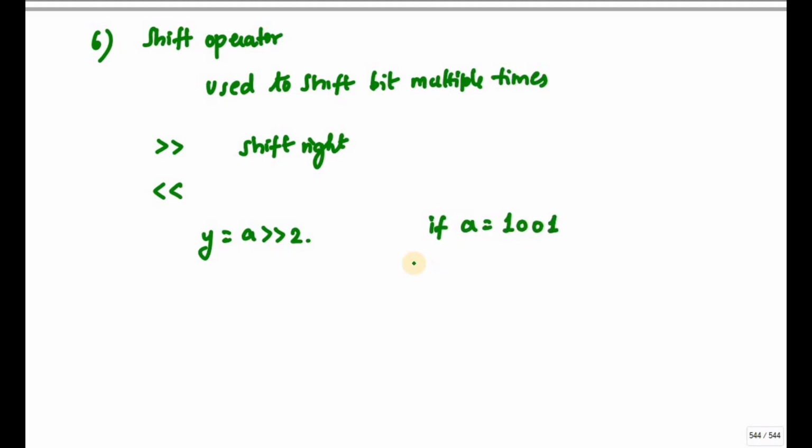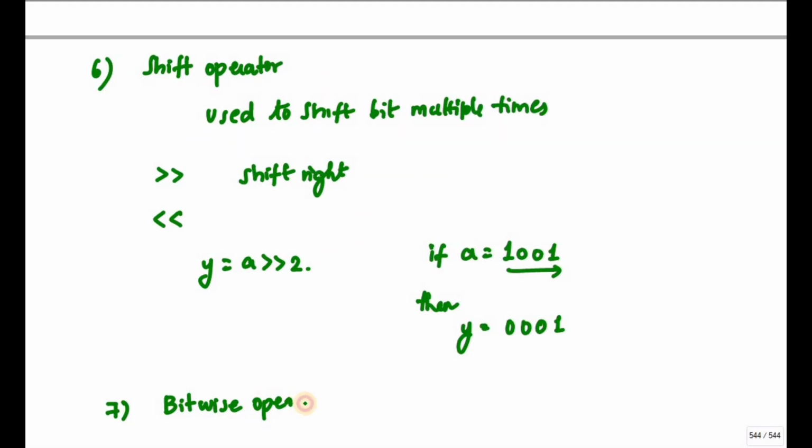If y = a >> 2, and a is 1001, you shift it towards the right by 2 bits. The 01 will come, then the rest of the bits will be 0 0, and it is not rotating, so the answer is 0010.